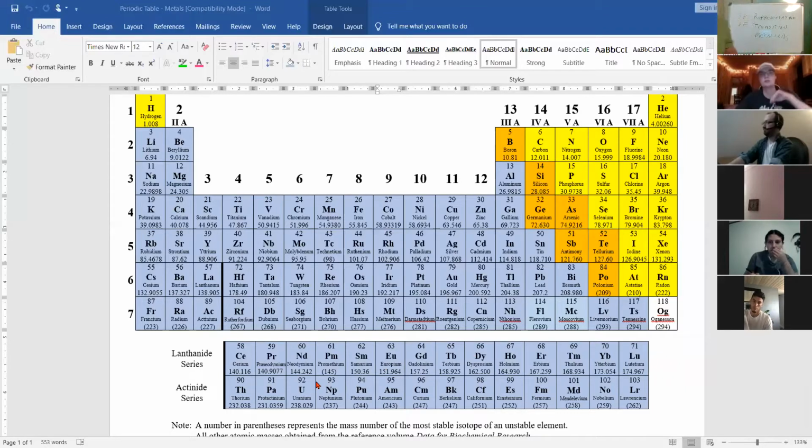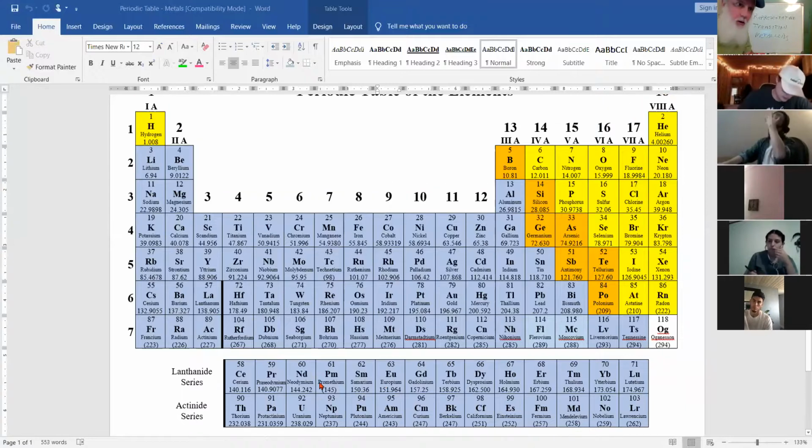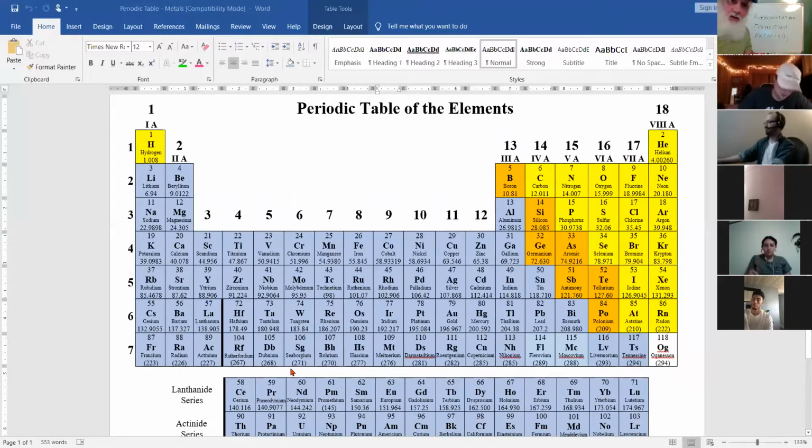I'll never ask you for a group number down in F block. Somebody had a question or comment? No question. Okay, thank you. So again, every element has a group number 1 through 18.